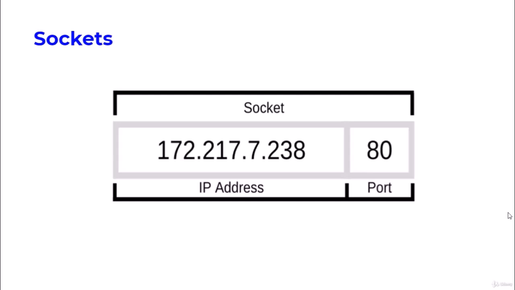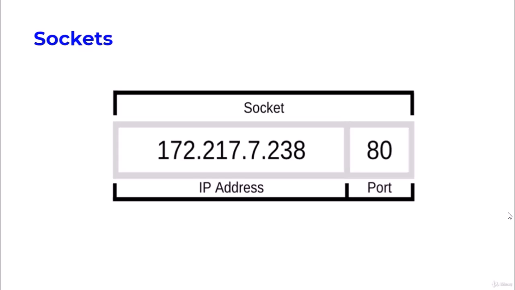The application is identified with a port number, unique within that device. If you combine both, you will identify the application over the internet. On your screen, you can see the socket is written as IP address:port number, like 172.217.7.238:80, where 80 is the port number.